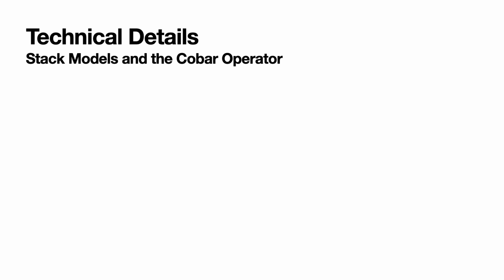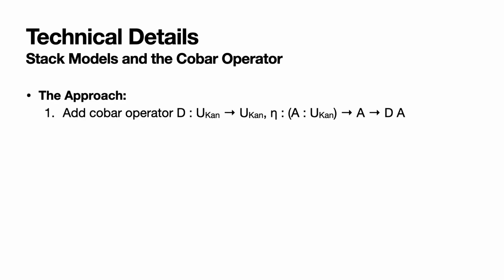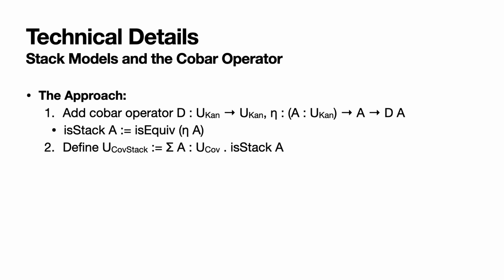So, taking advantage of this fact, what do we do? Well, we add the cobar operator to our internal language, along with the natural transformation it's equipped with, given it's a pointed endofunctor. We can then define when a type is a stack as when this natural transformation at that type is an equivalence.